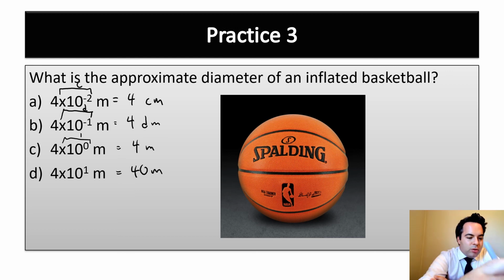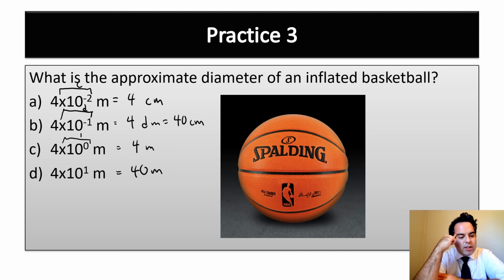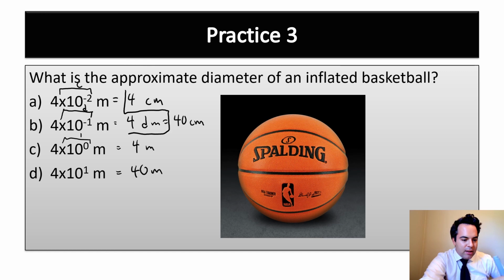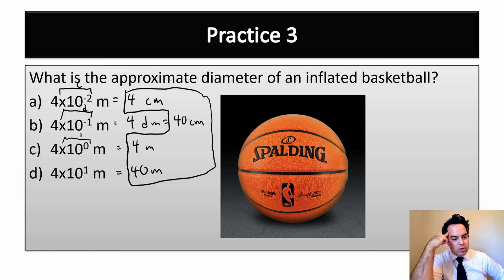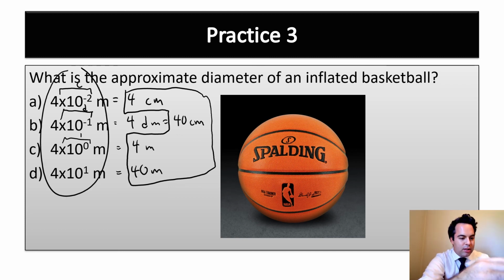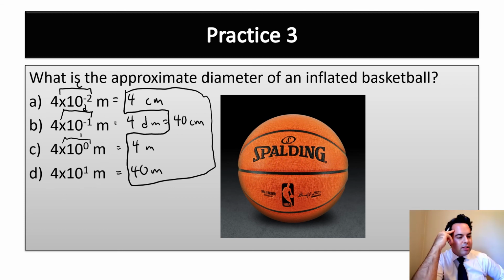If you wanted to, you can convert this further into 40 centimeters, because 1 decimeter is equal to 10 centimeters and so on. So I am still doing the process where I try to make it make sense to me. I could visualize how big those numbers are. Some people probably could do it like that too, but to me, I like it like this.